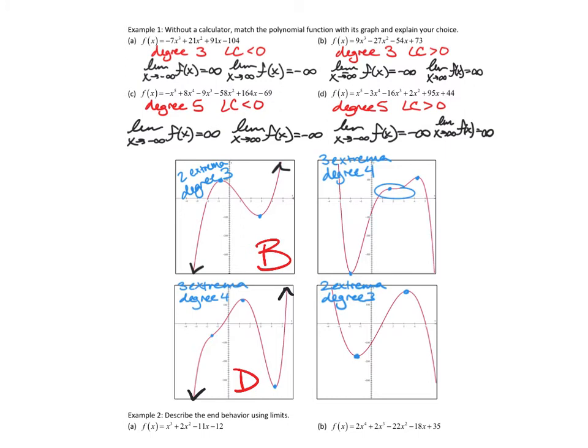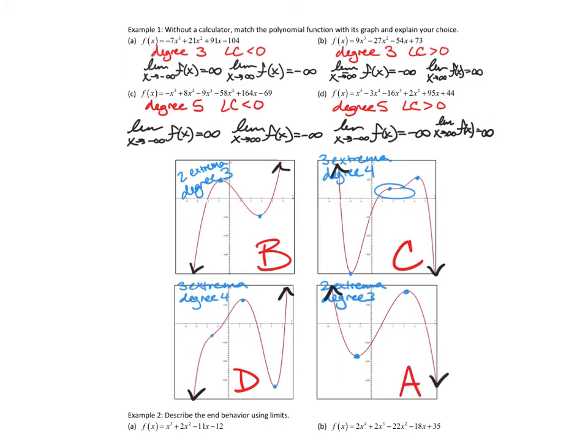The next graph, I kind of wrote over it, but this one has positive infinity on the left and negative infinity on the right. So that's these 2 options because that's the end behavior here. And since this one has 3 extrema, which means it at least has to be degree 4, we default to making this C because that's a degree 5 polynomial, which obviously means the last one is A, but here's why.